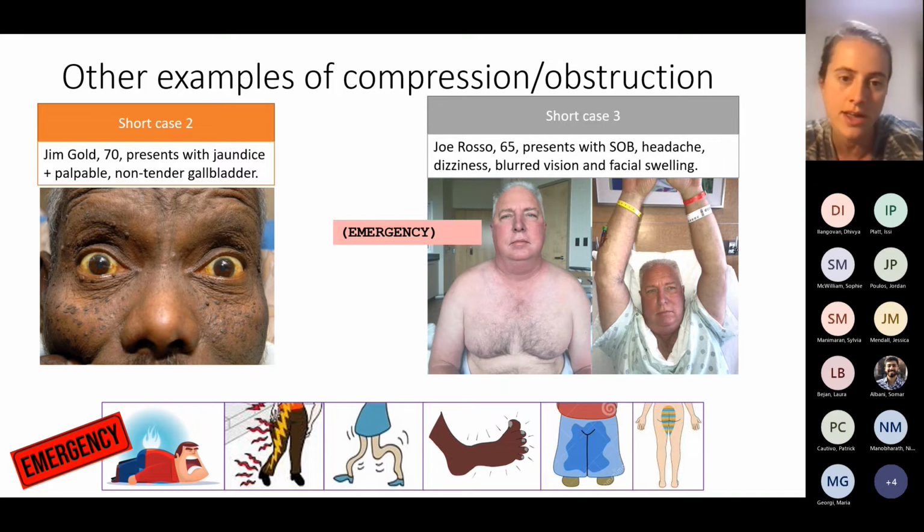Does anyone have any idea how you would manage SVCO? Do people know what I mean by SVCO? Yeah, steroids, good. Stenting and steroids, very good. And then treating the underlying cancer, of course.